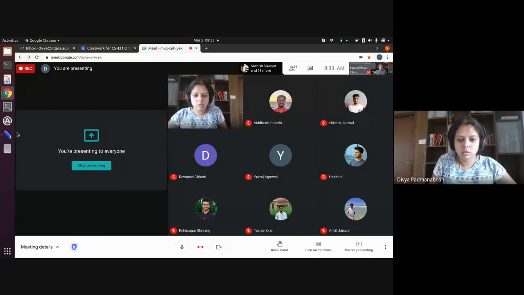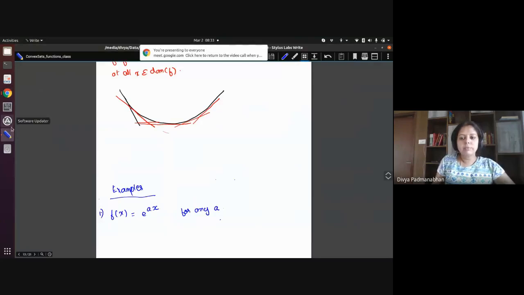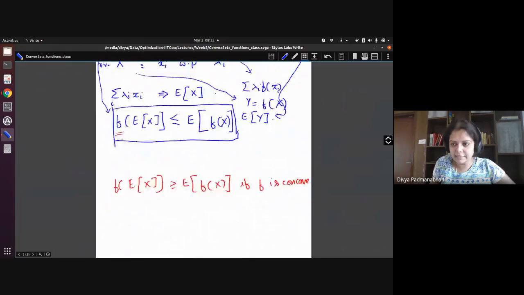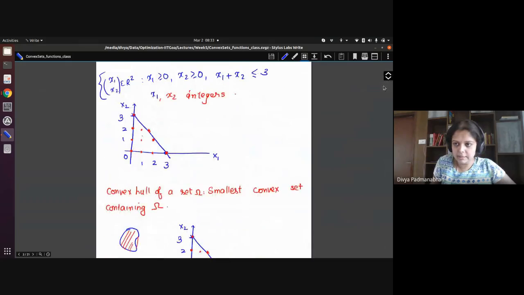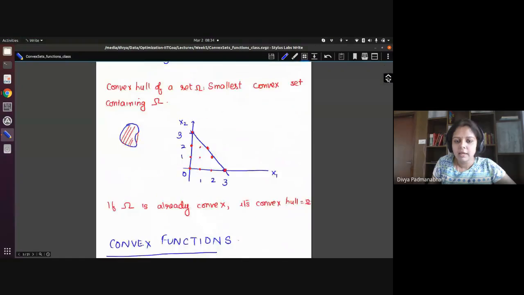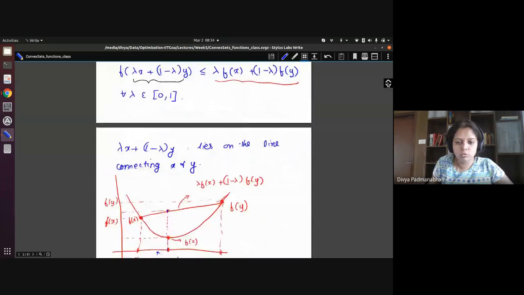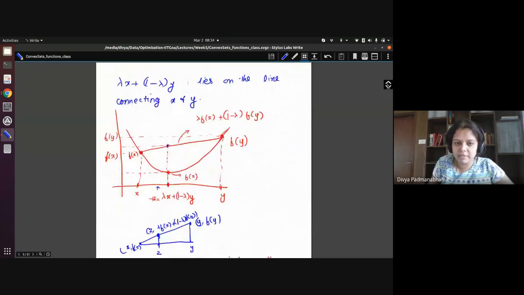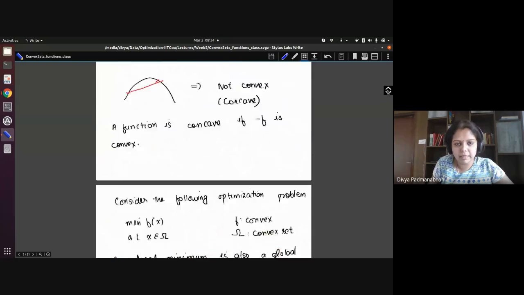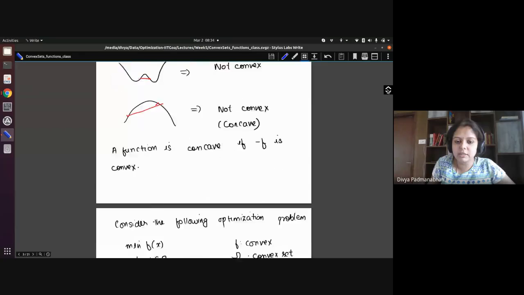Okay, so we were learning about convexity. We did something about convex sets. Basically, we had these nicely behaved sets wherein any 2 points you take, the line joining them also belongs to the set. Then we also went on to discuss some aspects of convex functions, and we saw some examples graphically.